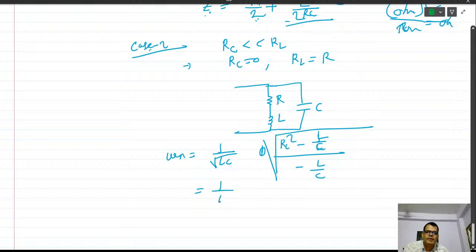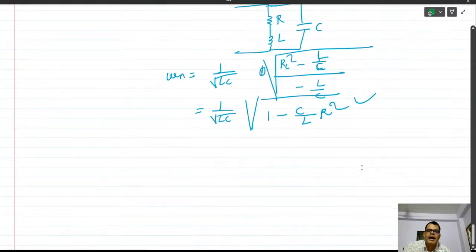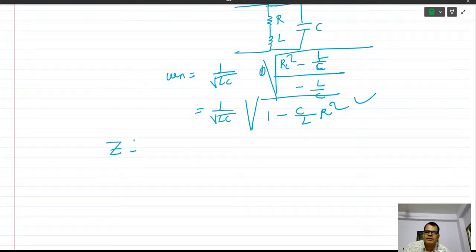So 1 upon LC root over of 1 minus C upon L into R square, this is the omega n. And the impedance for this case, the impedance at resonance Z, will be the famous relation.